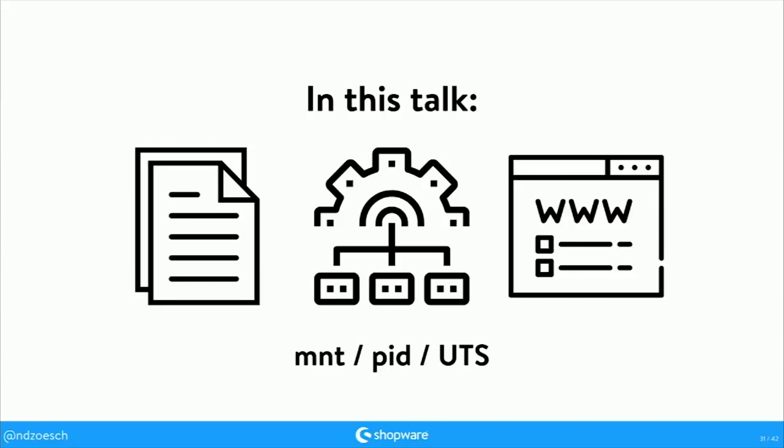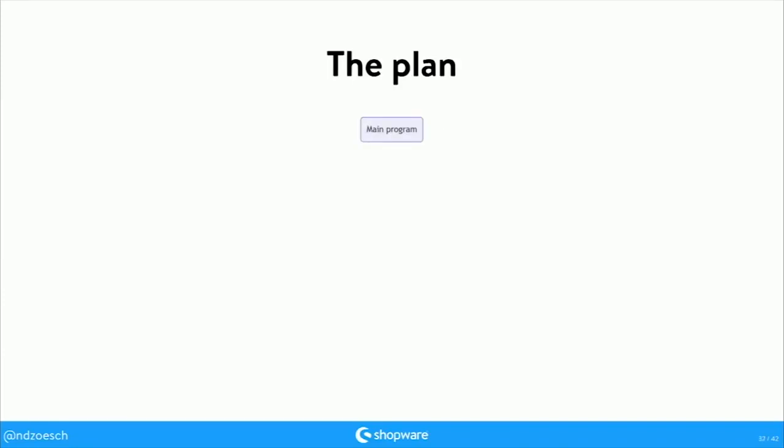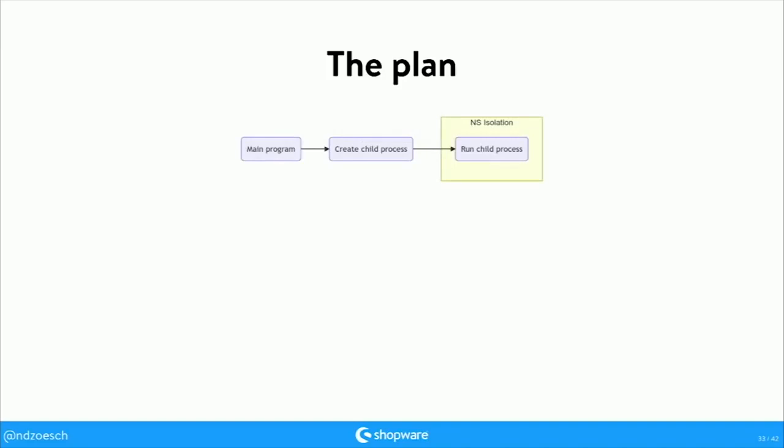Now, this was a lot of name dropping, and now we are getting closer to the explaining part. The plan we will be executing in a moment is to create a main program, really do programming stuff. Then in this main program, we will create a child process and run it in an isolated environment.